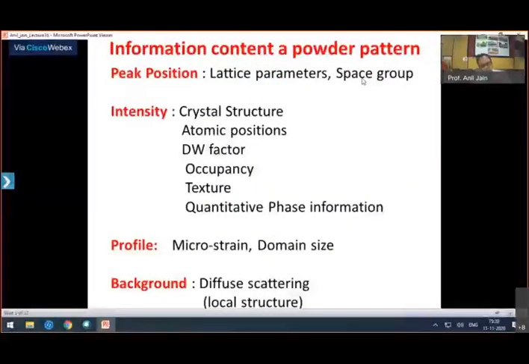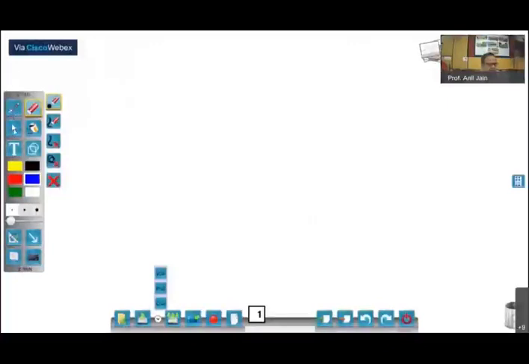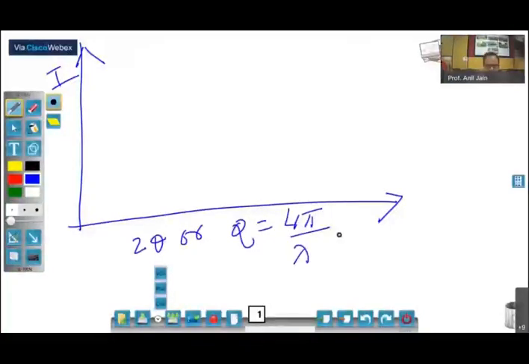Now, if you take a typical diffraction pattern, which I want to draw now, what you have here is intensity as a function of 2 theta, or as a function of q, which is nothing but 4 pi by lambda sine theta.